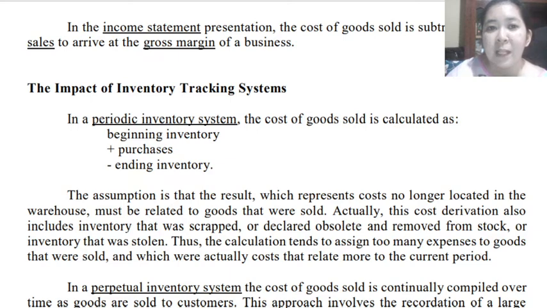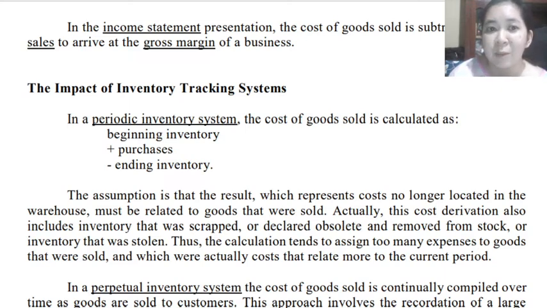If an entity is using a periodic inventory system, meaning every time there is a sale or purchase of the inventory, they do not record the decrease or the increase in inventory. They just wait for a certain period of time, for example, after the accounting period, to account for the ending inventory.